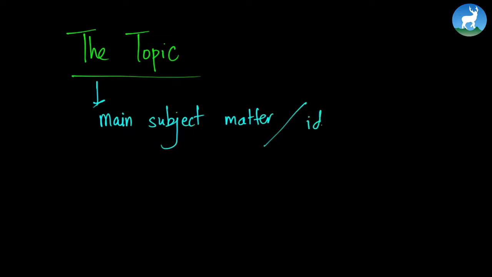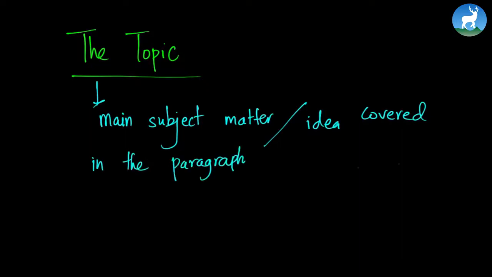So let's talk a bit about the topic. The topic is the main subject. What is the topic? Once again, it is the main subject matter or idea covered in the paragraph. Now what's the controlling idea?